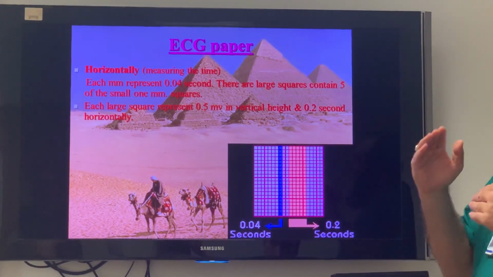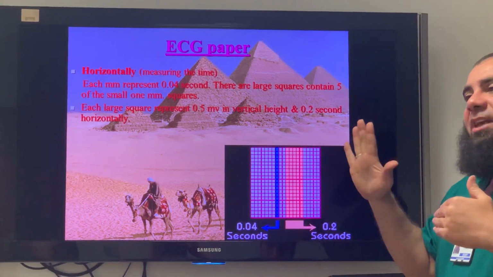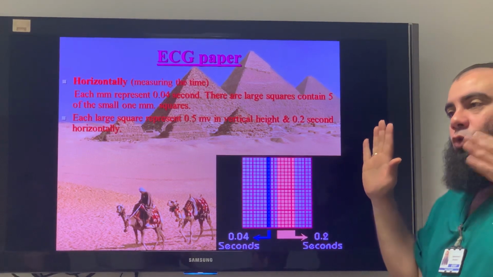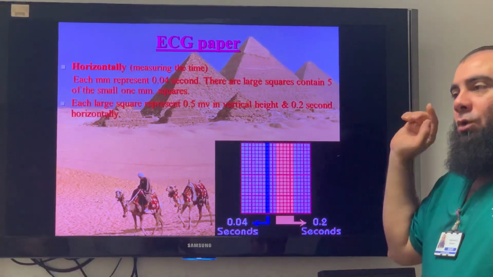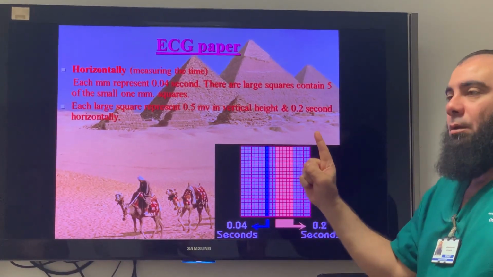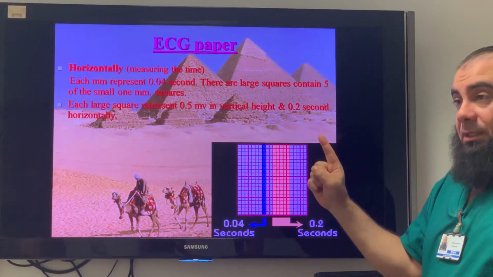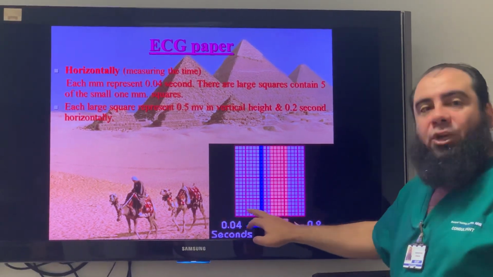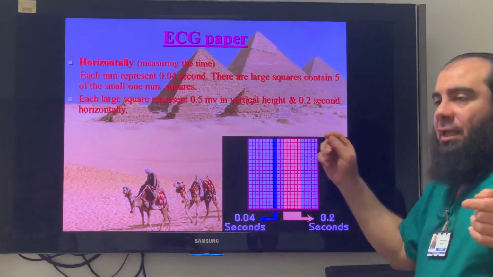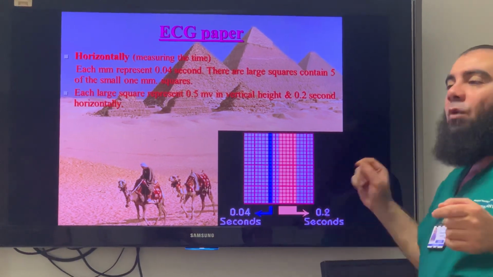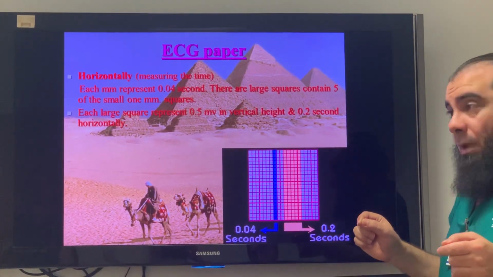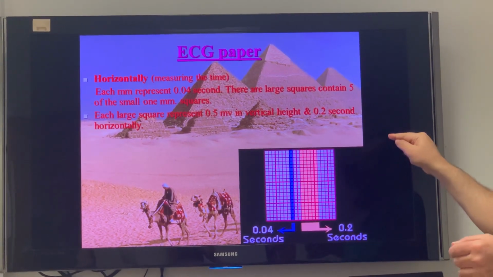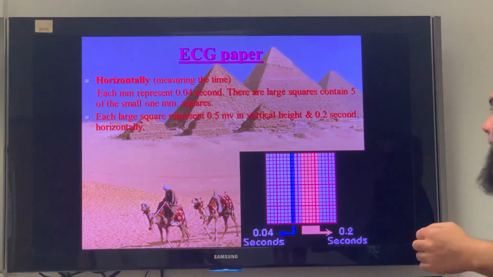Why? 25 millimeter per second means 5 big squares in 1 second. So 1 big square is 0.2 of a second, and 1 big square contains 5 small ones. So each small one represents 0.04 of a second. And you have to be sure that it is 25 millimeter per second. It does make a difference. Okay?